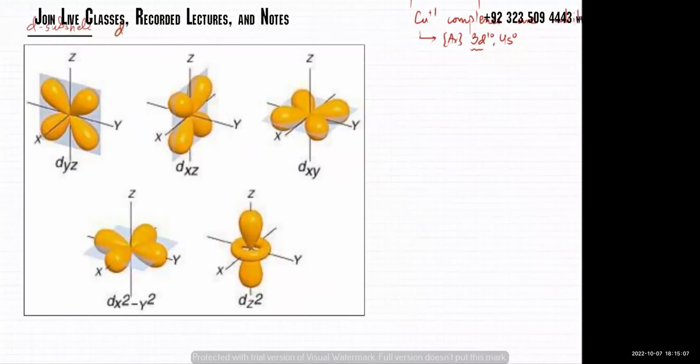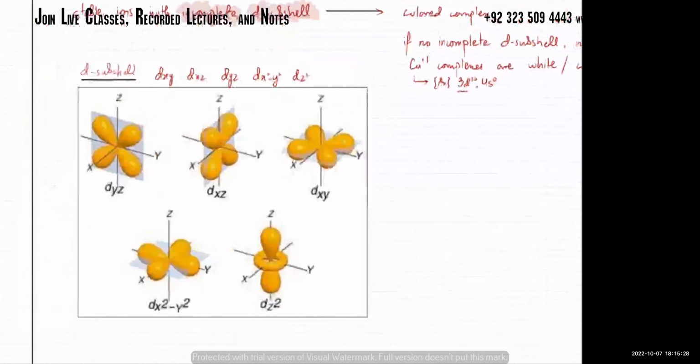You've got dxy, dxz, dyz, dx square minus y square, and dz square. So you've got 5 of them. Since you have 5 orbitals, a maximum of 10 electrons can be accommodated in those 5 orbitals.